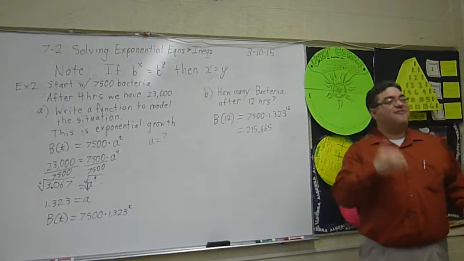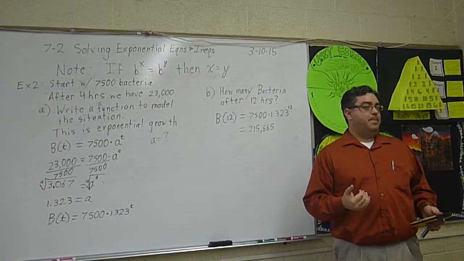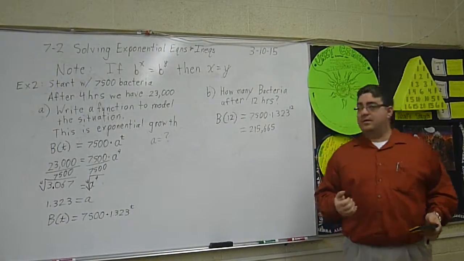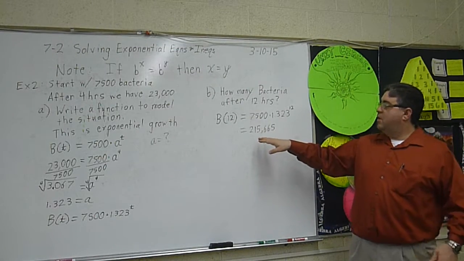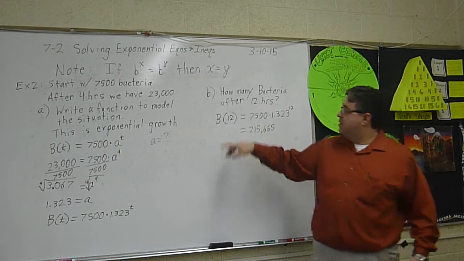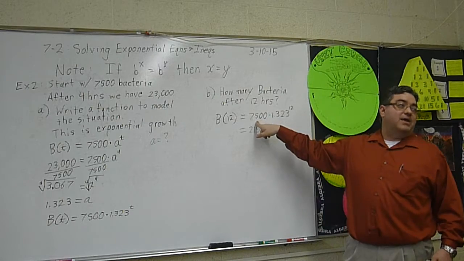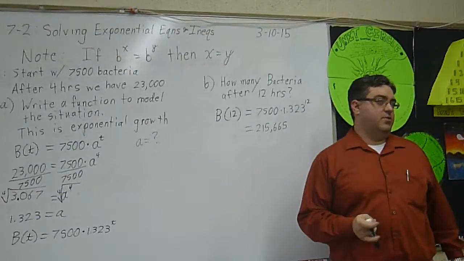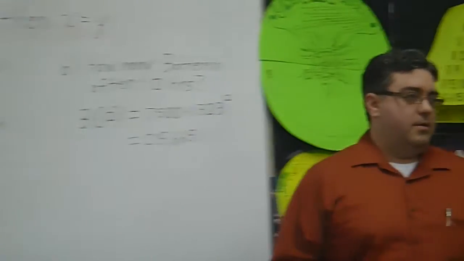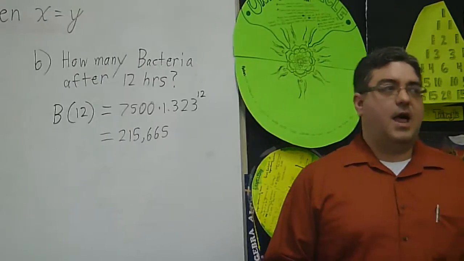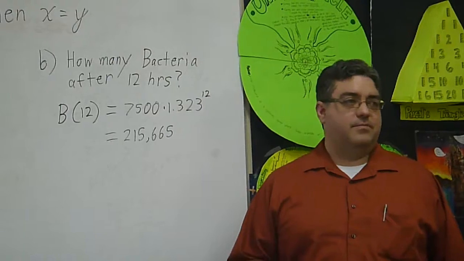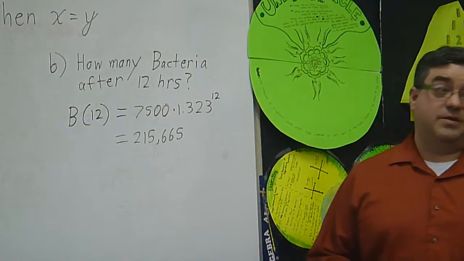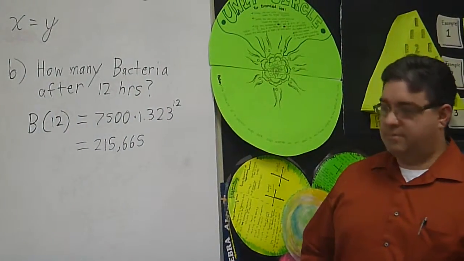So in just half a day, you would go from 7,500 bacteria to over 200,000 bacteria. That's a lot in half a day. That's what bacteria does, it grows fast.